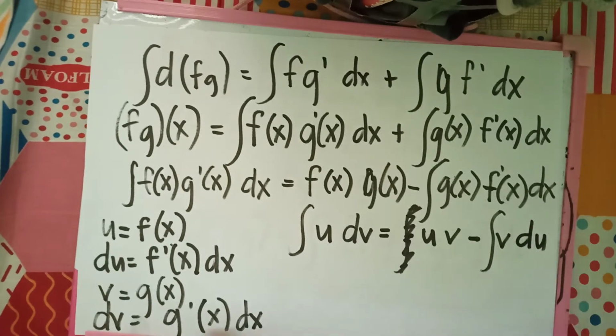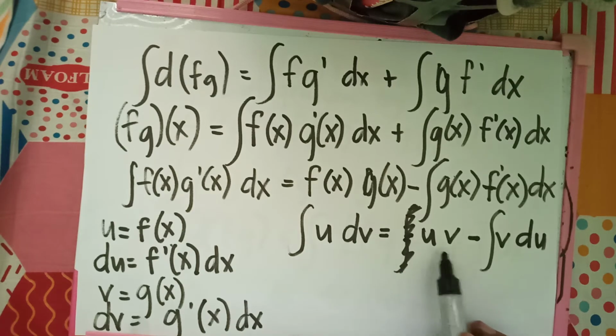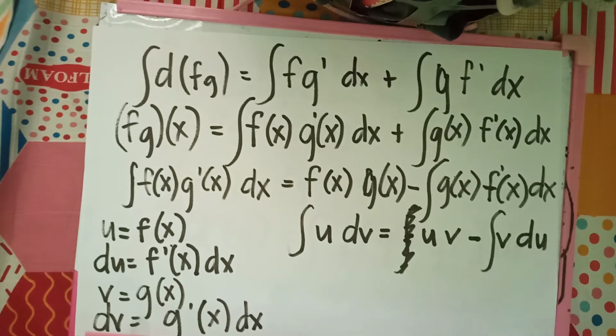Ayan. So, this will be our formula. The integral of u dv should be equal to u times v minus the integral of v multiplied by your derivative of u. Okay?